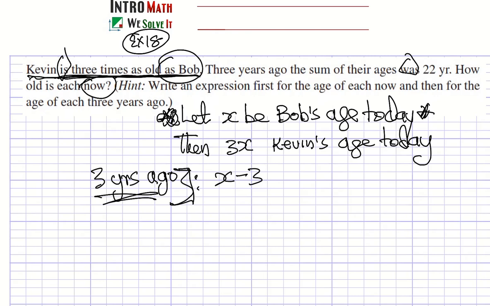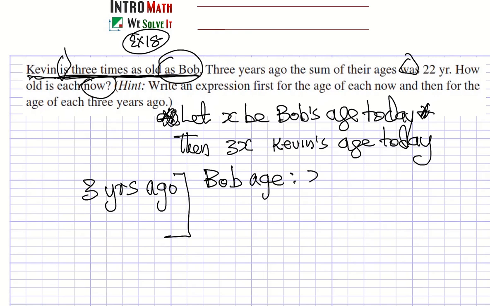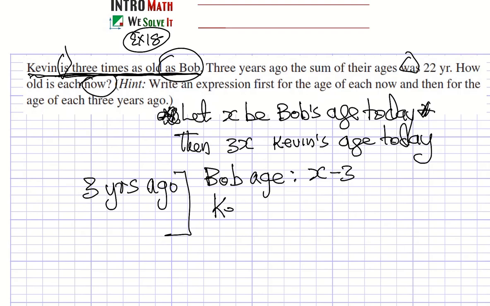Well, let me write this a little better. That way, when you reason it, it makes sense. 3 years ago, Bob's age at that time was x minus 3.